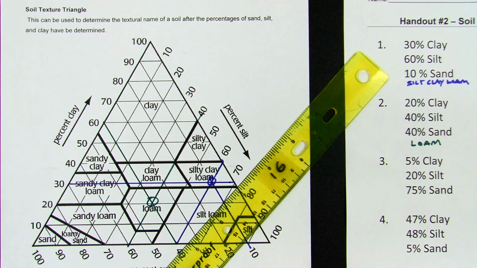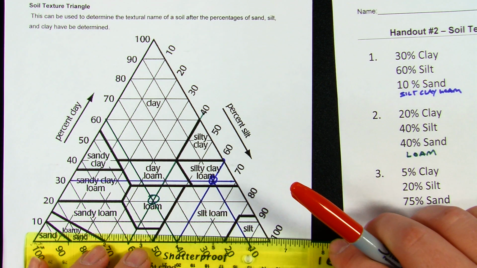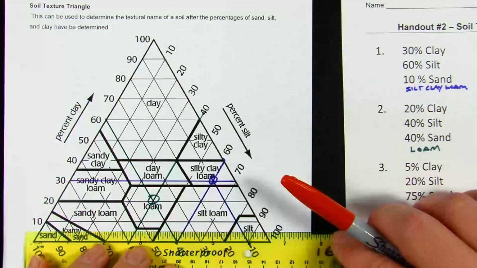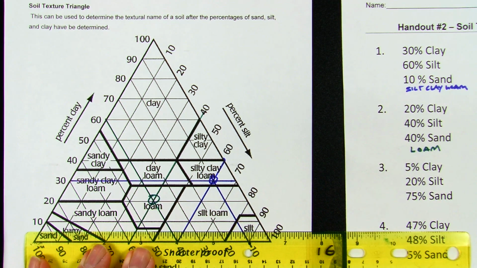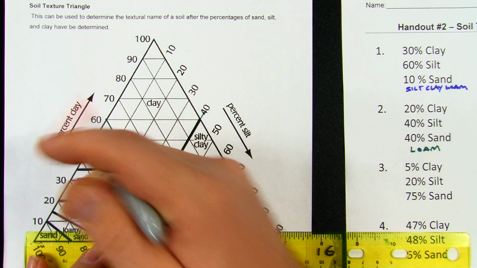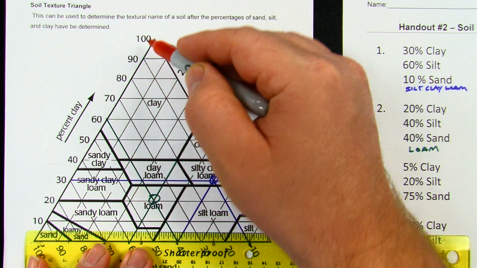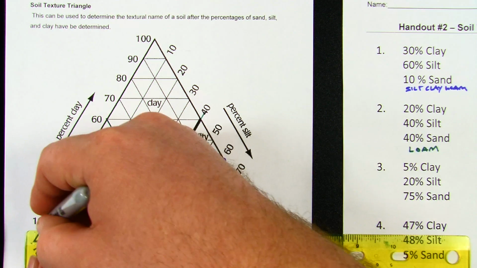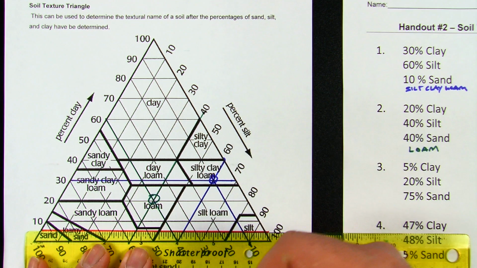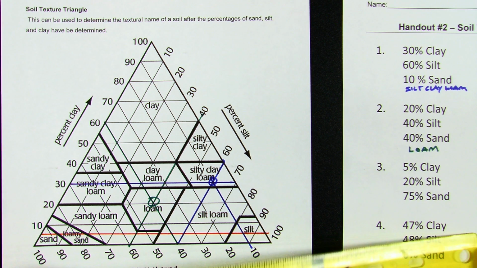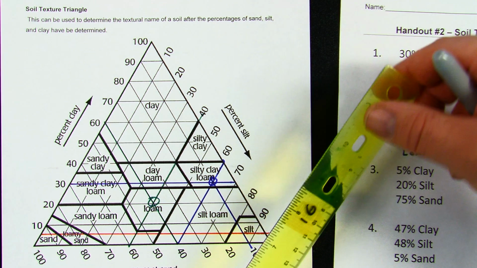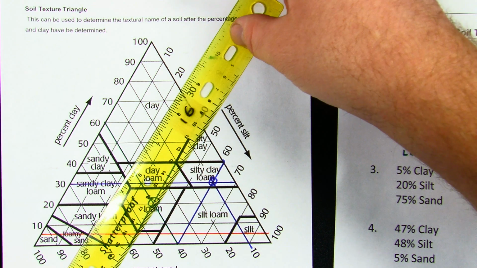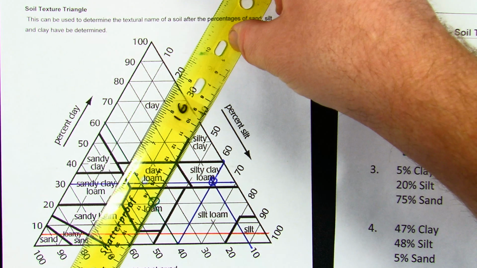All right, moving on to number 3. We have 5% clay. This is our first one that's not right on a line. So we're going to have to estimate to where 5% is. So we have 0 to 100. Here's 5% of our clay. Bring that line across. Next, we have 20% silt. Put that right there.